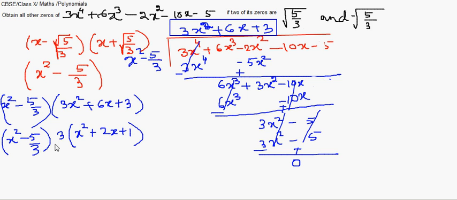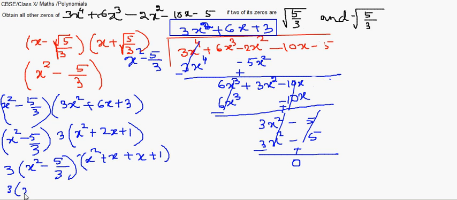So let this 3 be left outside separately, and I factorize the second one in the bracket. If I do middle term splitting, that will give me x plus 1 and x plus 1.